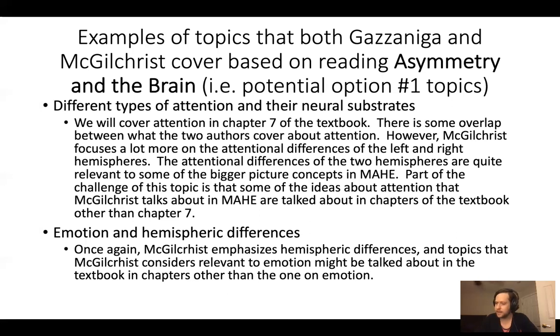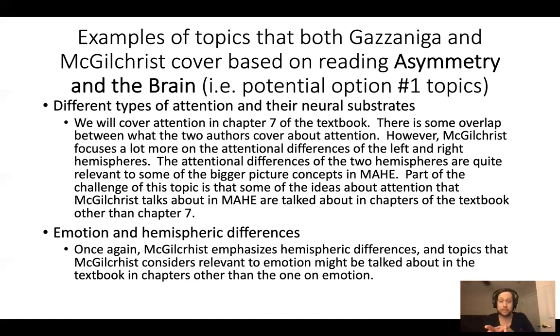The idea here is that attention is a cognitive process that pervades many different aspects of the mind. Attention is important to language. Attention is important to emotion. Attention is important to perception, social cognition. Attention is all over the place.